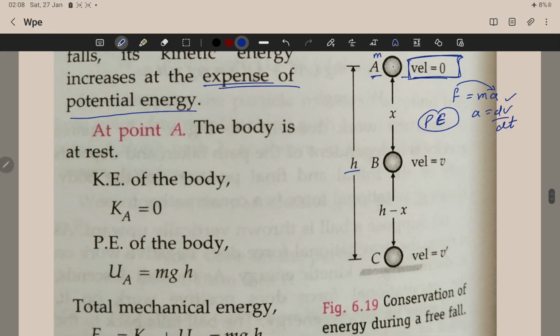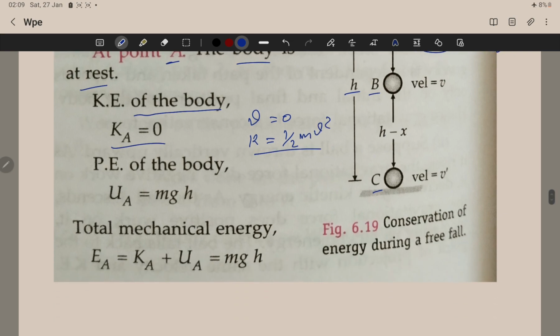So let's do our analysis at these three points A, B, and C. We know at point A the body is at rest, so the kinetic energy of the body is zero. If velocity is zero, we know from the relation we derived, kinetic energy is half mv square, so it becomes zero.